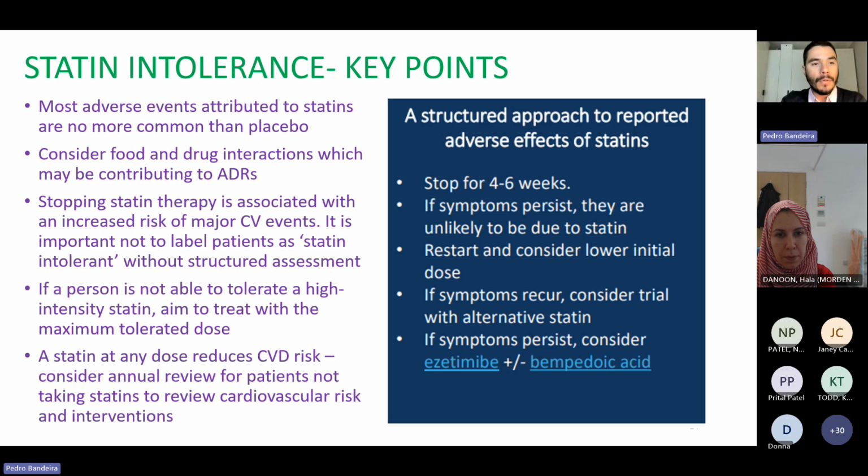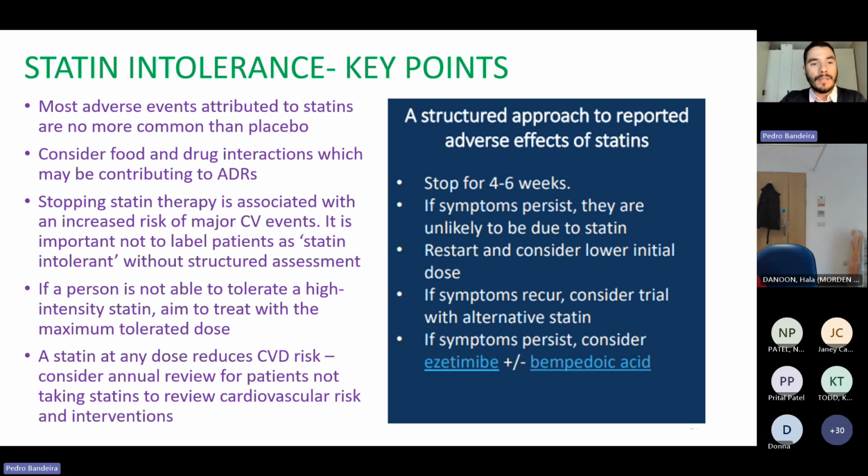And these are the key points from the ECL Partners. You always consider food and drug interactions when making decisions about statin doses and statin durations.